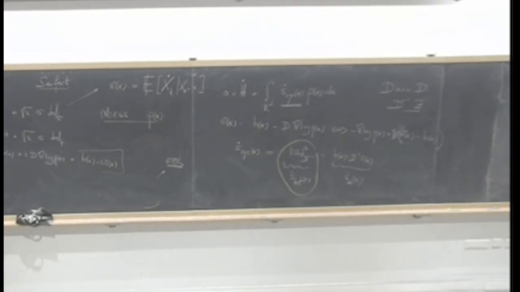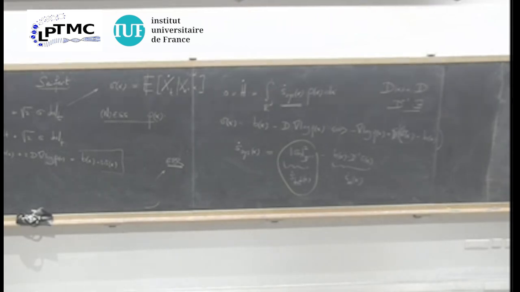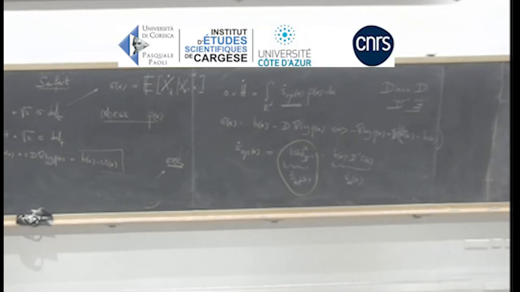So what you could actually do is look at the cross entropy, or the relative entropy, or the Kullback-Leibler divergence between the path measure of this process and the path measure of this process.